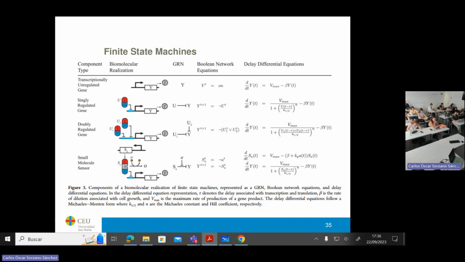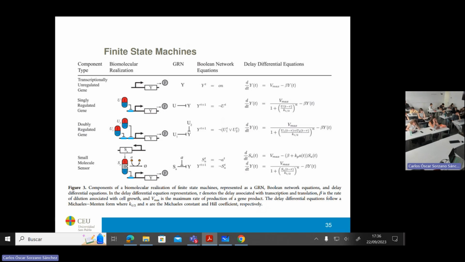Then what I can say is Y at t plus 1 is the negation of U at time t. These are Boolean network models, in which the states are only 0 or 1. So if U is activated, Y will be repressed.